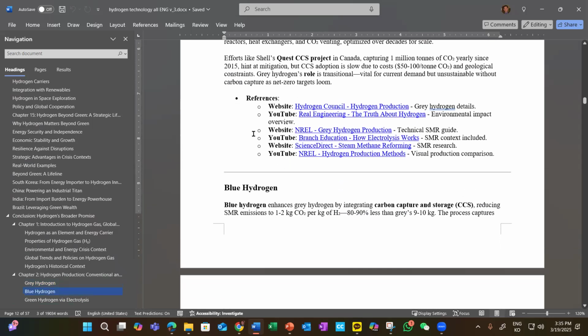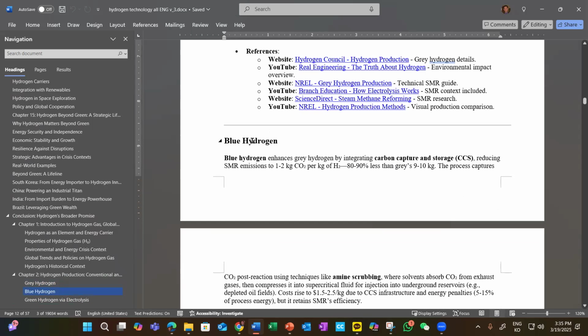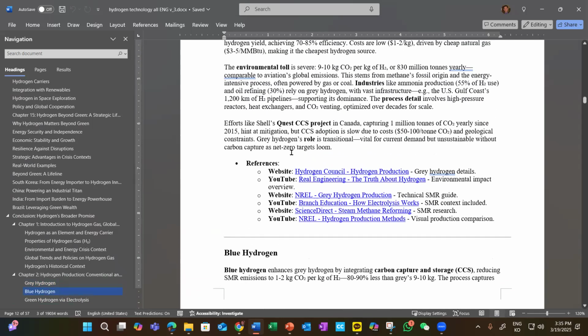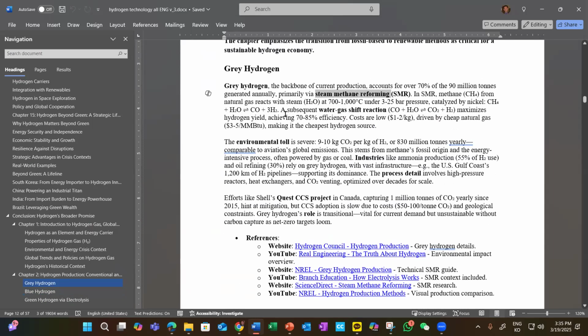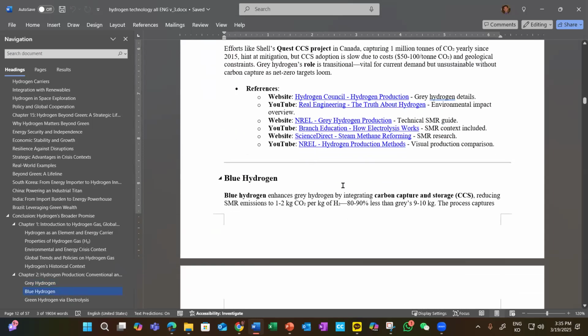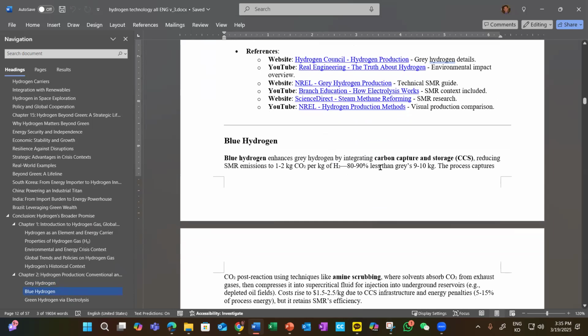So gray hydrogen and blue hydrogen use the same method, same chemical formula as gray hydrogen, but here we capture the carbon and store it. So carbon capture and storage, CCS technology, is added, reducing SMR emissions to 1 to 2 kilograms of CO2 per kilogram of H2.